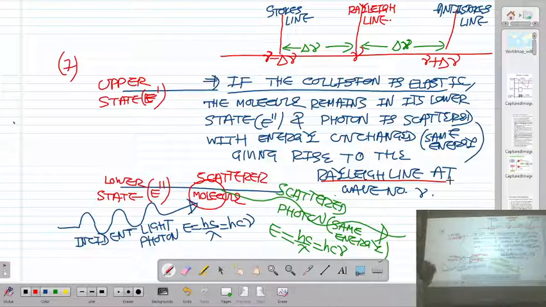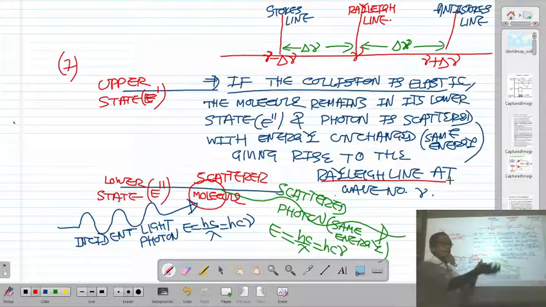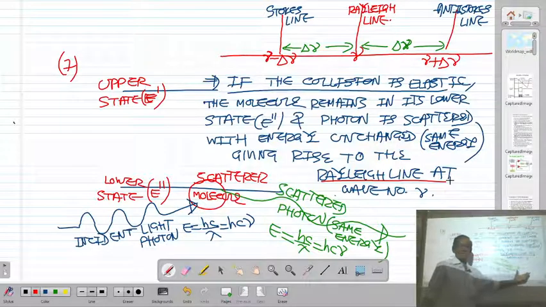That when an incident light photon having energy hν collides with the scattered molecule, and if the collision between the incident light photon and scattered molecule is elastic, then after collision molecule remains in the lower state E double dash, it is not going to the upper state, and photon is scattered with the same energy. That was the photon is scattered with its energy unchanged. The photon is scattered with the same energy.